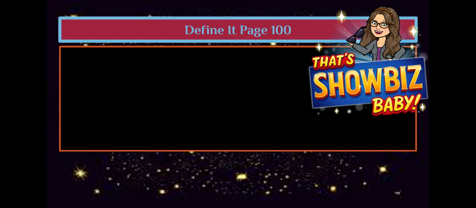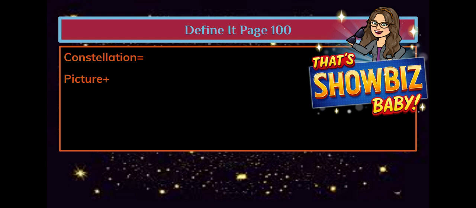The category of a word is the broad group that it fits into. Let's look at a word we are very familiar with. The broad category for the word constellation is picture. The attributes of a word are what make it unique or different from other words within the category.